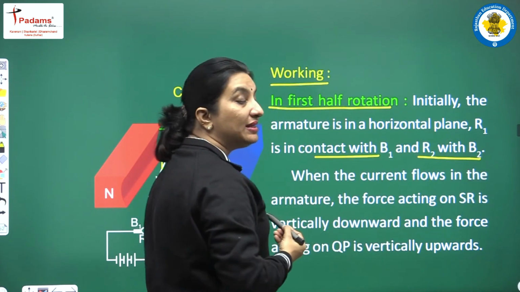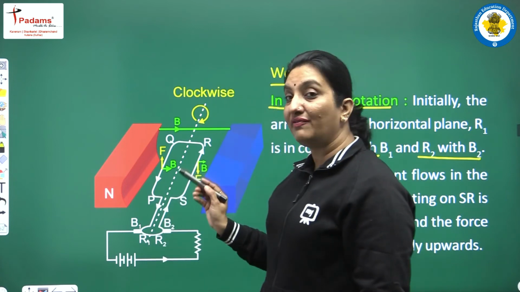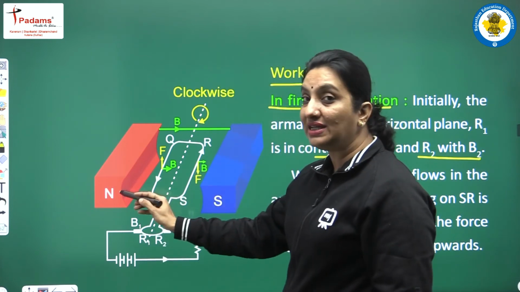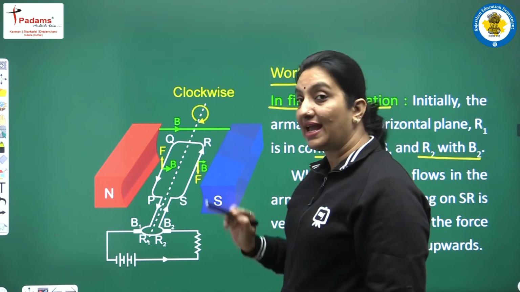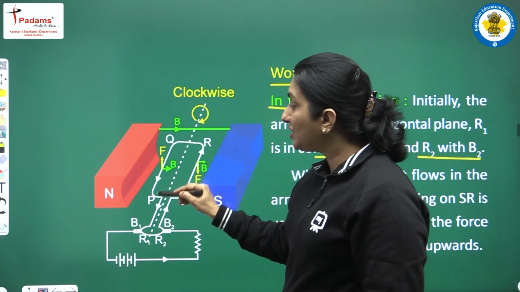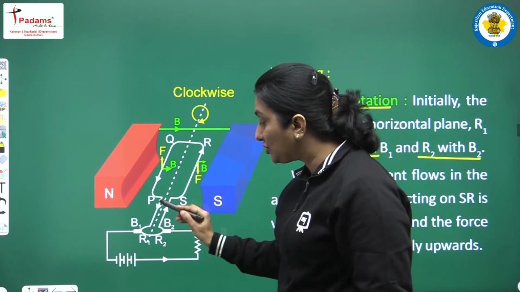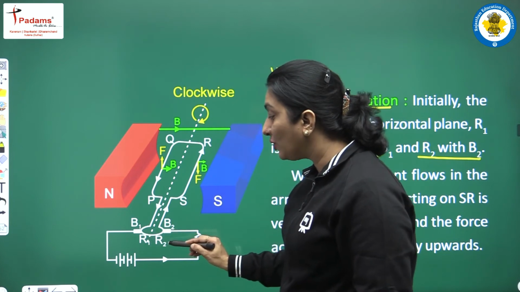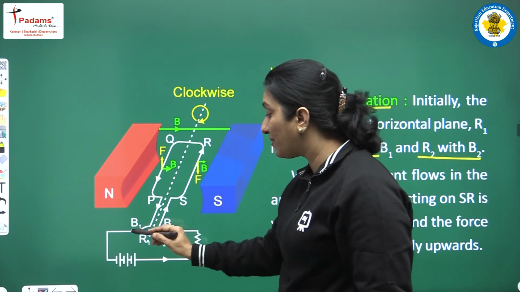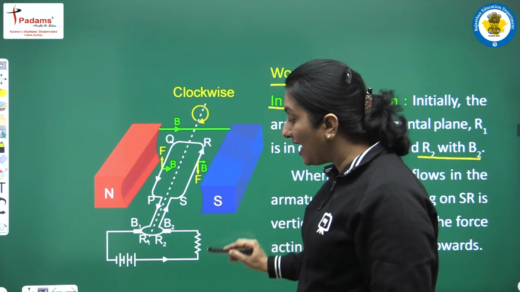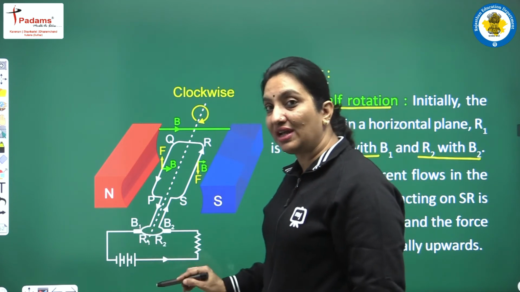in contact with B2. Now here in this figure we can see clearly that we have two strong poles, north and south poles, and the armature coil PQRS connected to the slip rings R1 and R2, which are connected to the brushes B1 and B2, and it is connected to the external circuit.